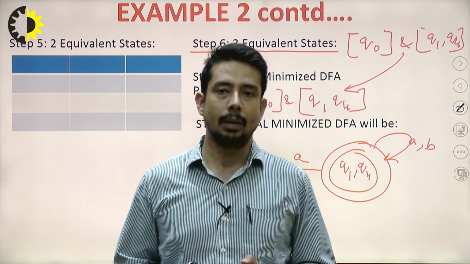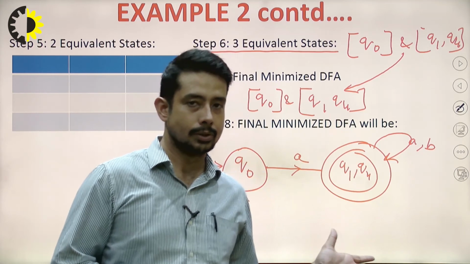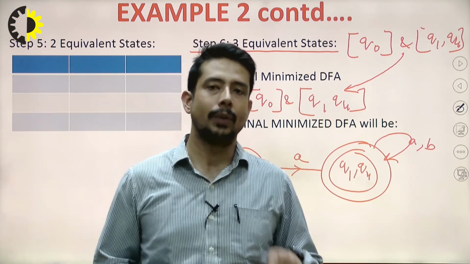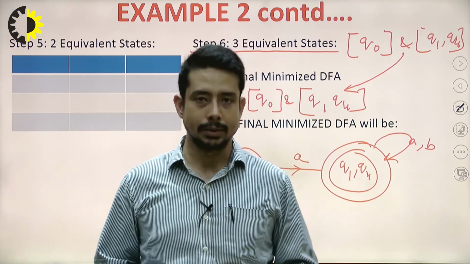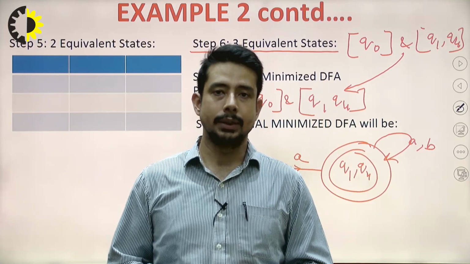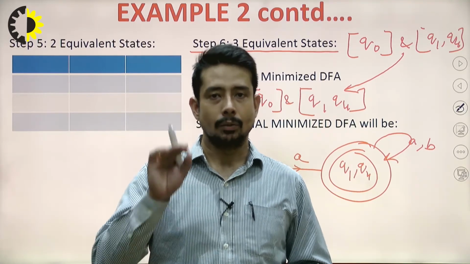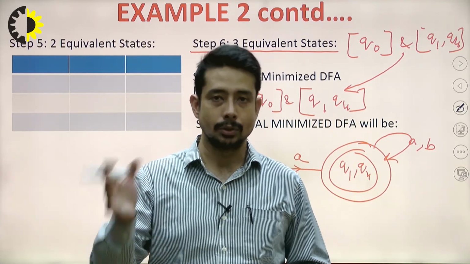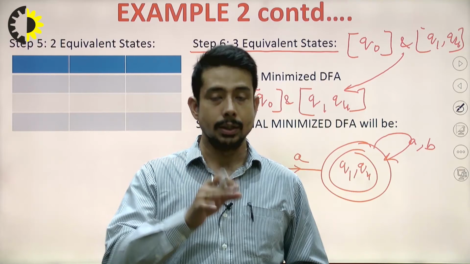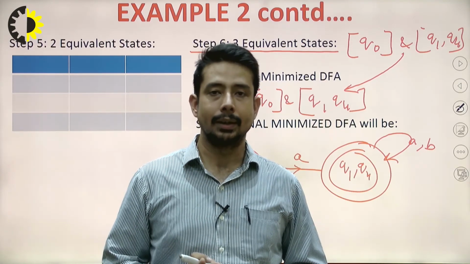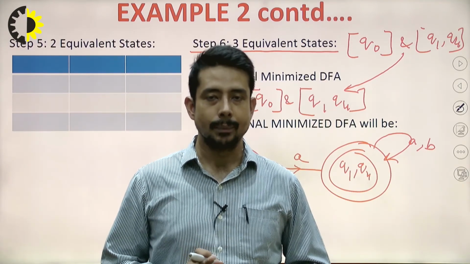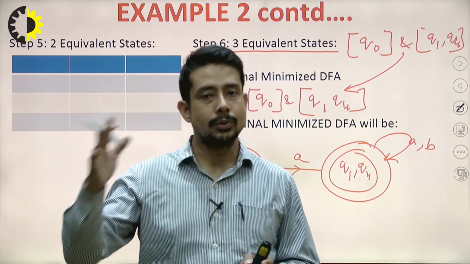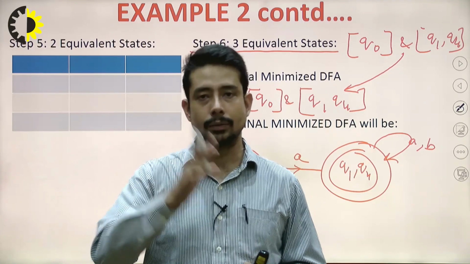So this is the entire methodology of implementing the table filling method, where I have tried to minimize a bigger diagram of a finite automata into a smaller version. There might be cases where you find the same diagram after minimizing, and you need to follow the steps. Step number 1 says that whenever you find any states which are not reachable from the initial state, try to delete that particular state along with the transitions. In step number 2, you need to draw the transition table of the given diagram.